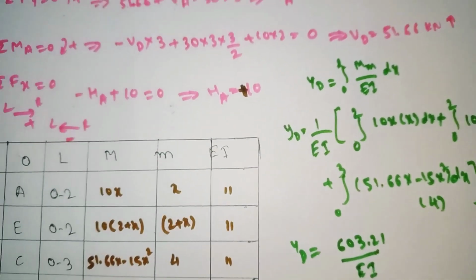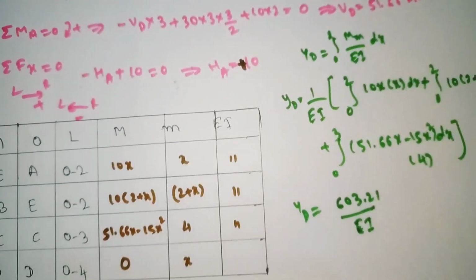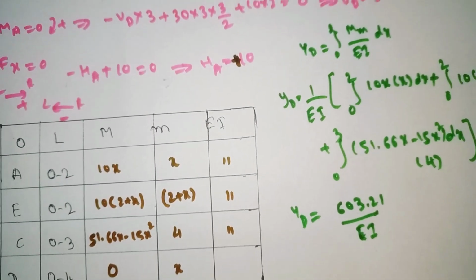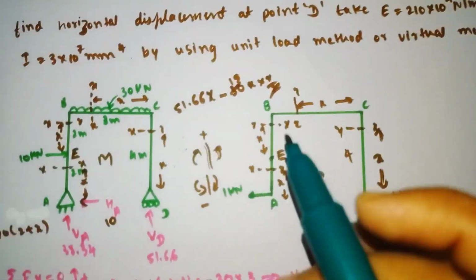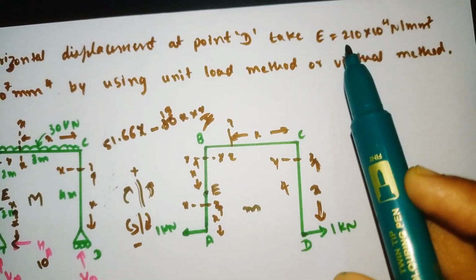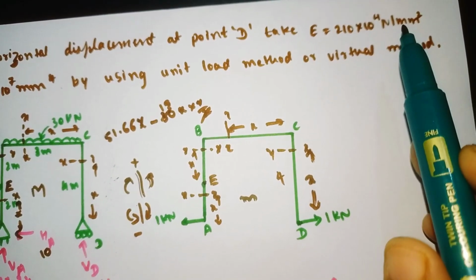Now we need to find the EI value. The E value they gave was how much? E value is 210 into 10 to the power of 4 Newton per mm square.